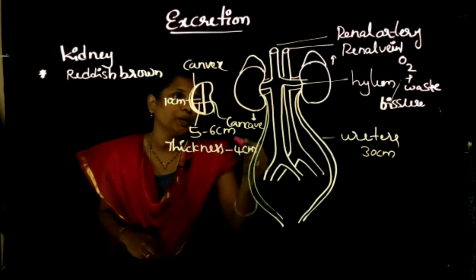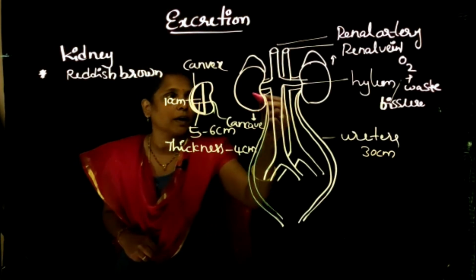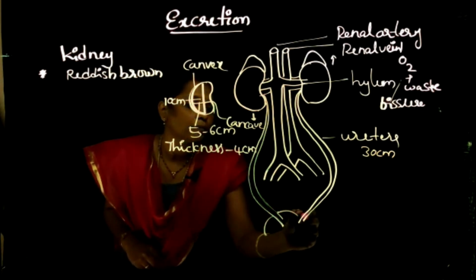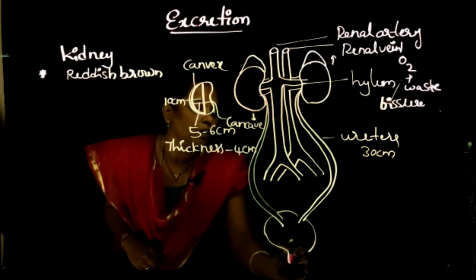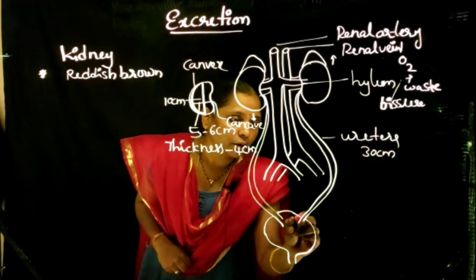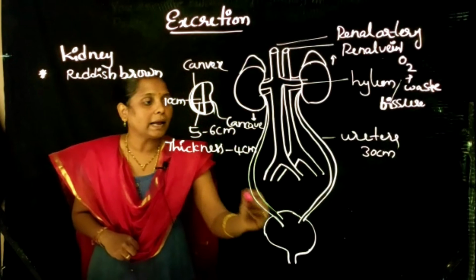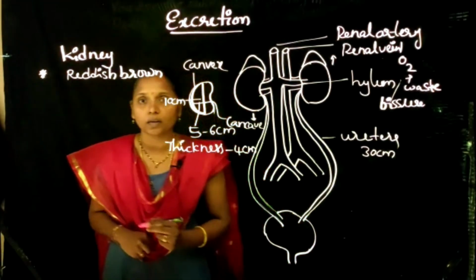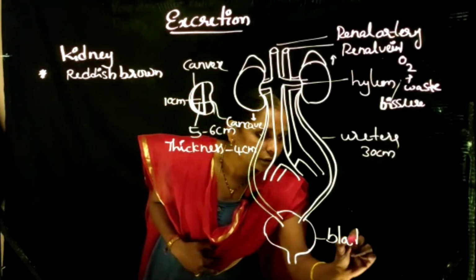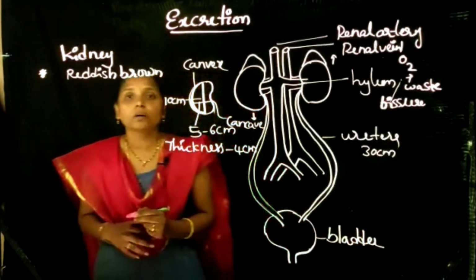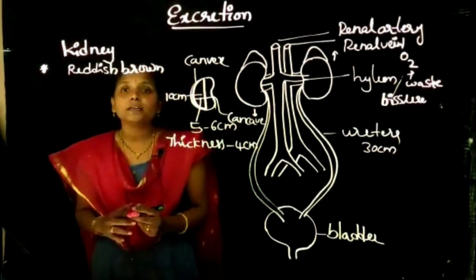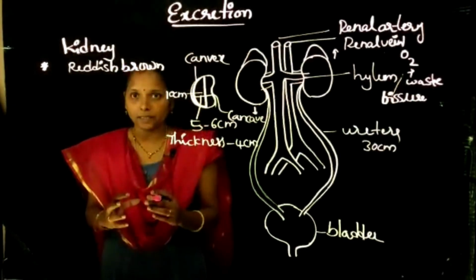These ureters come from the hilum region and end in the bladder. The bladder is a hollow organ, a sac like structure, where the urine is stored temporarily.